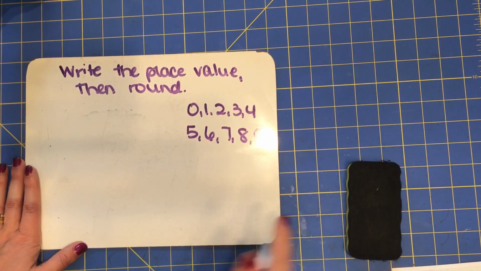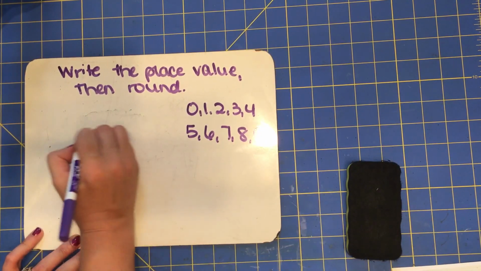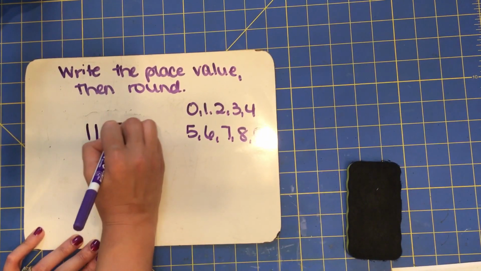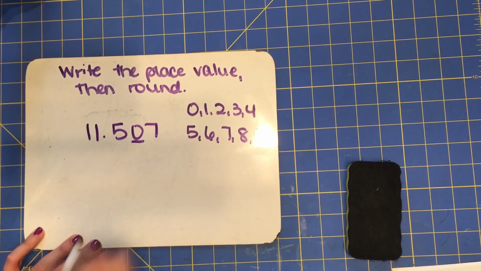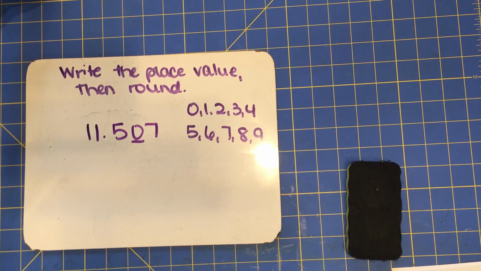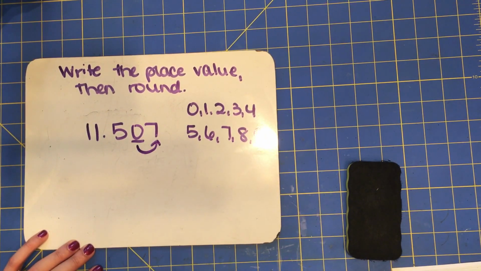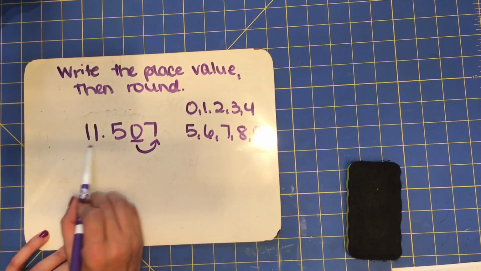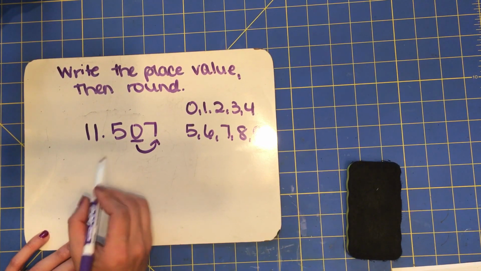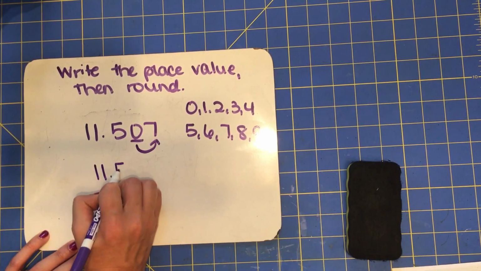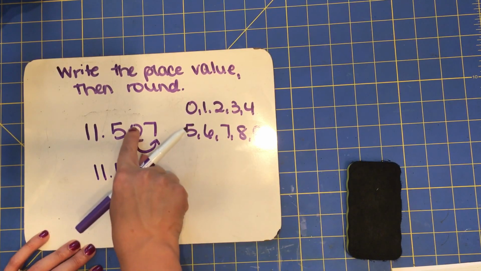So it should be 8, and that we rounded to the ones place. All right, our last one for this section is number 5, and it's 11 and 507 thousandths, and this 0 is underlined in the hundredths place. So again, I like to point an arrow next door. That arrow points to the digit that tells me what's happening with my 0. My 0 is either going to stay a 0 or it's going to round up to 1. So all of these digits before have to be left the same because we're rounding just to this place value.